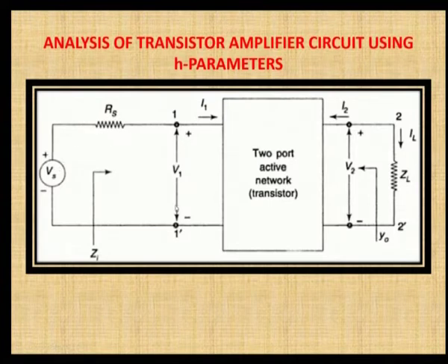Input voltage is V1, current is I1, output voltage is V2 and current is I2. This is the input port and this is the output port. 1 dash shows the input port, 2 dash shows the output port. Looking at the input side, you can calculate the input impedance, and when you look at the output side towards the transistor, you can calculate the output admittance of the circuit.